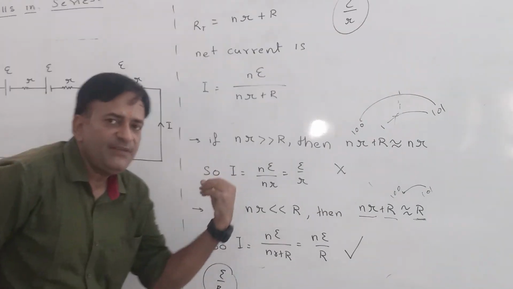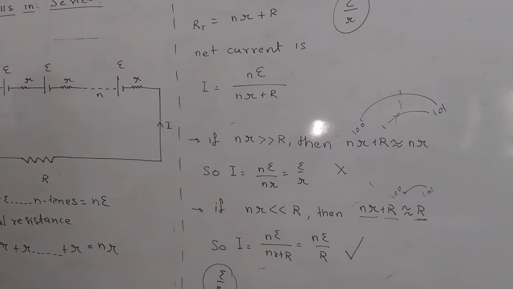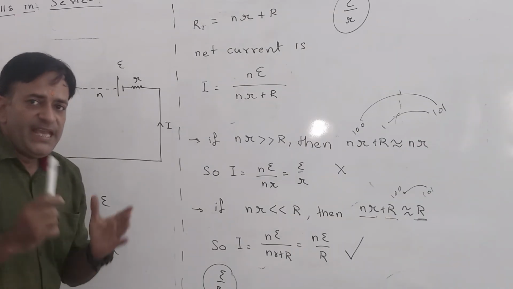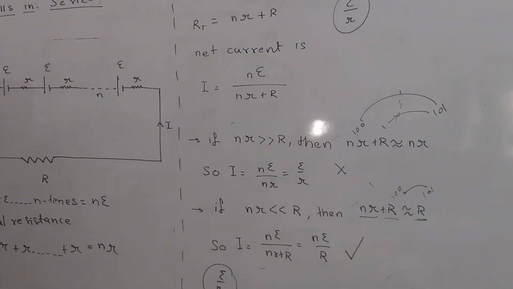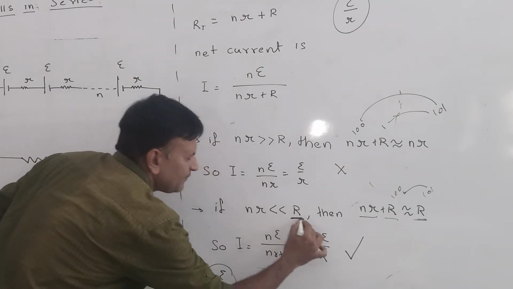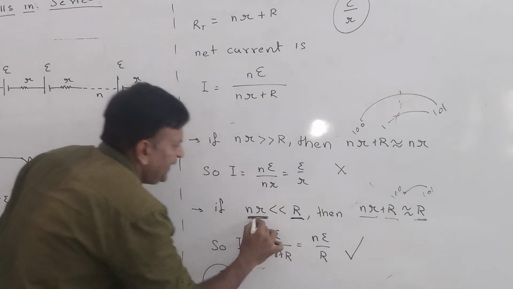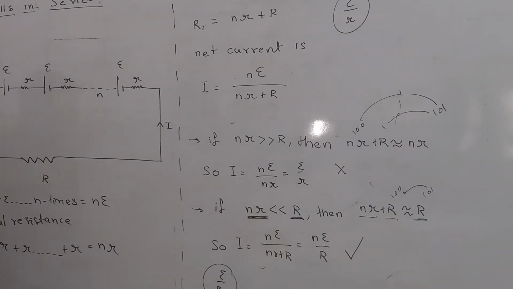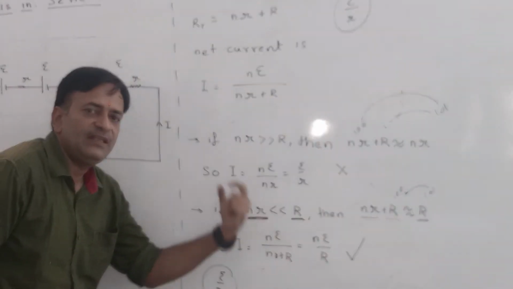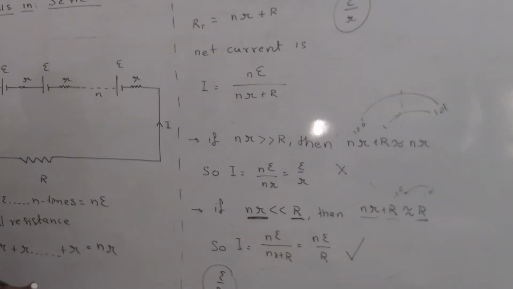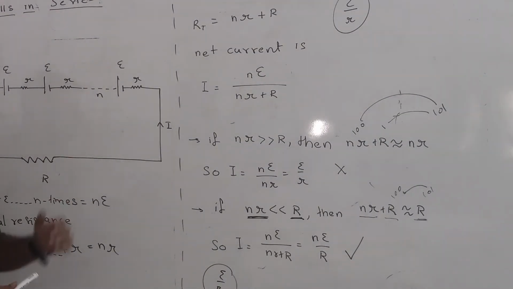So what does this derivation mean? This derivation means that if external resistance is much greater than internal resistance of cells, then to draw the maximum current, the cells must be connected in series.